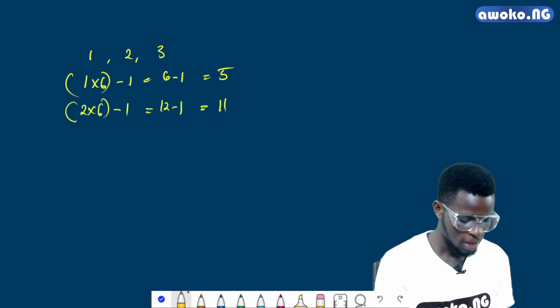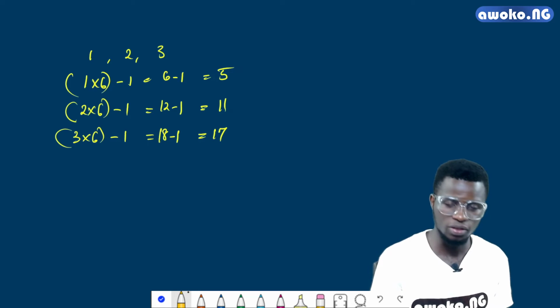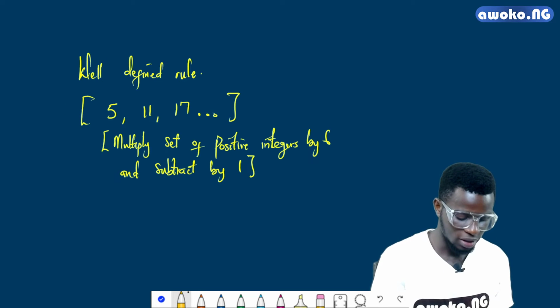And 3 multiplied by 6 minus 1 is 18 minus 1, which equals 17. That is why we have the sequence to be 5, 11, 17.